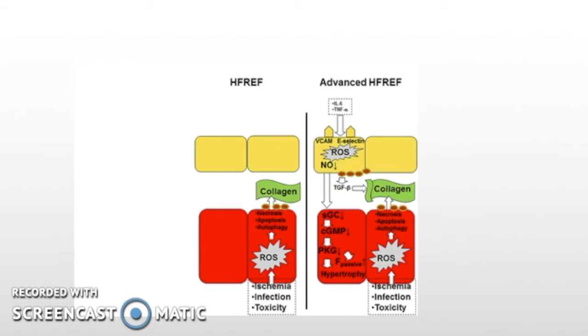Similar to heart failure with preserved ejection fraction, endothelial dysfunction affects diastolic left ventricular function in advanced reduced ejection fraction, as evident from the relationship between diastolic left ventricular dysfunction and plasma levels of methylated L-arginine metabolites, which impair nitric oxide production by endothelial nitric oxide synthase.